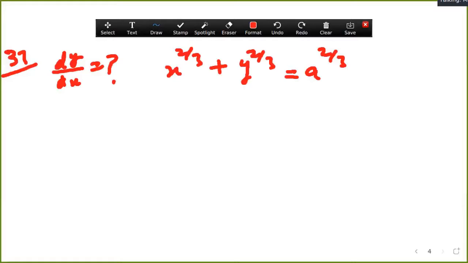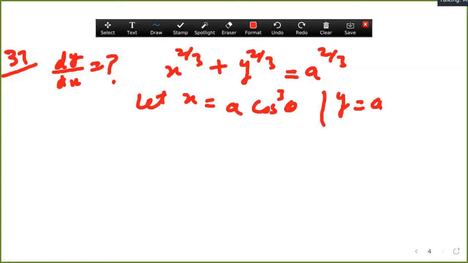If we do it by using parametric form, then you have to take x is equal to a cos cube theta and y will be equal to a sine cube theta. When you put these values of x and y in this equation, you will get left and right both sides equal. It means this is the parametric form of the given equation.